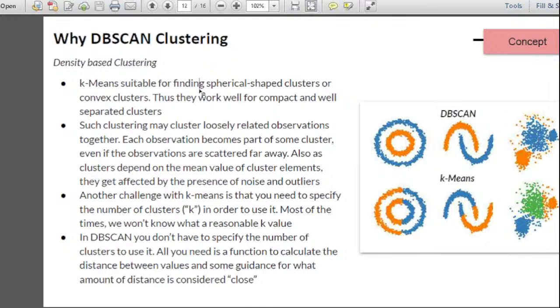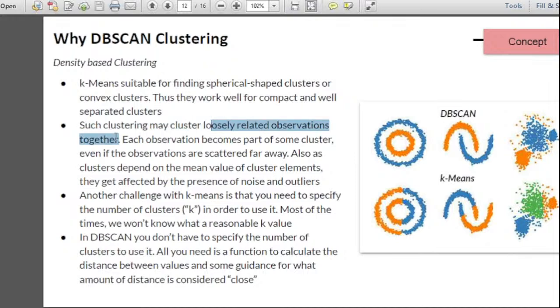So it is suitable for spherical shaped or convex clusters, right? Thus, it works well for compact and well separated clusters, like this one or some of the clusters we have seen previously. Such clustering may cluster loosely related observations together.